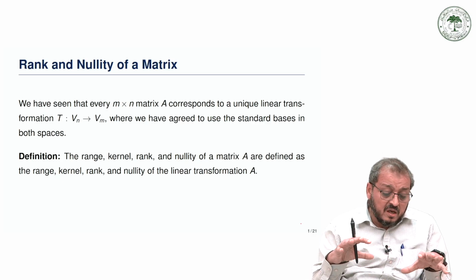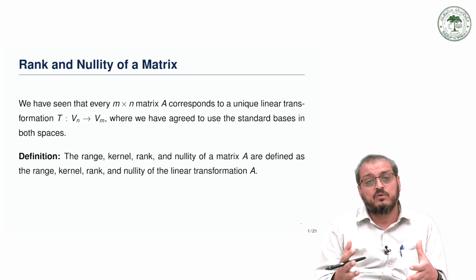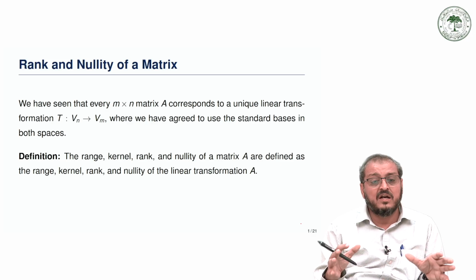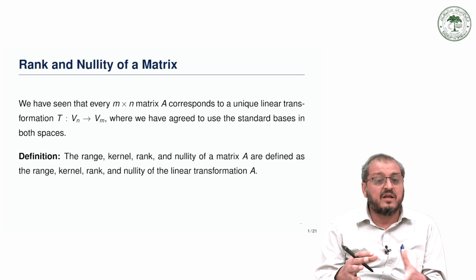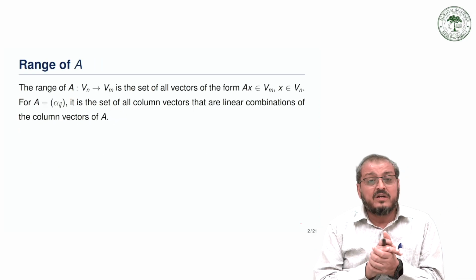This holds for a matrix too, because corresponding to every matrix we find a unique linear transformation. So the range, kernel, rank, and nullity of a matrix are defined as those of the linear transformation. Okay, so let me take the range of A.